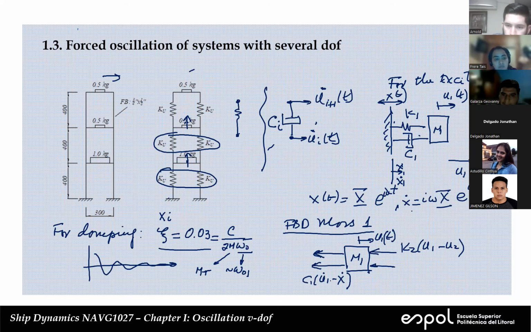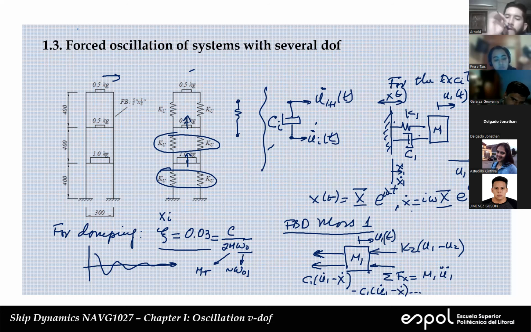For example, when you write this equation, you can say summation of forces in the x direction is equal to mass times acceleration. And here you have this pointing to the left. So you're going to have minus C1 times U1 dot minus X dot, and many other terms, right?